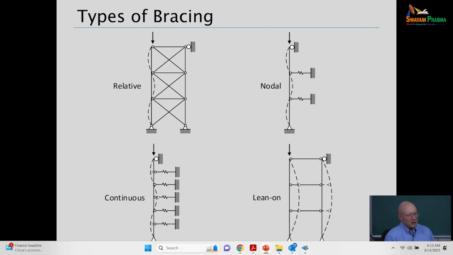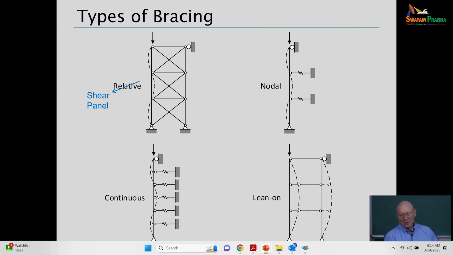There are various types of bracing, so this is a graphic just to illustrate the bracing types. The X diagonals, basically creating truss panels there in the top between the two columns, would be what we call relative bracing, or now we refer to it as panel bracing, or a more wordy name, shear panel bracing.